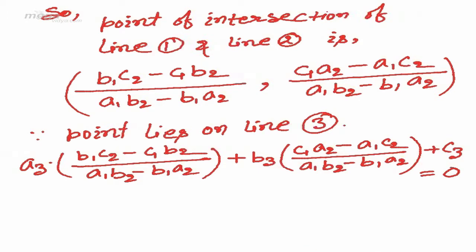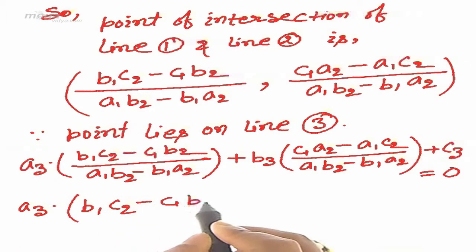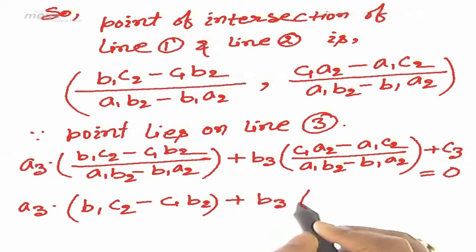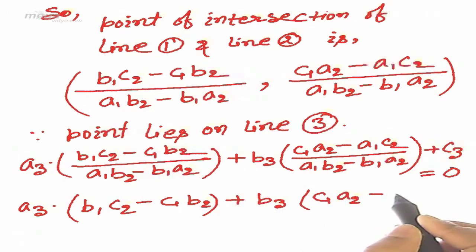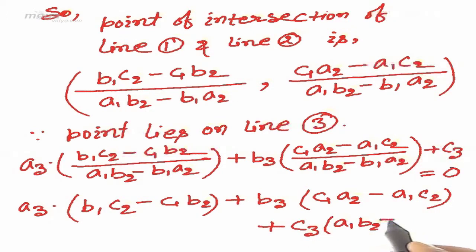Now after simplifying, you will get a3(b1c2 - c1b2) + b3(c1a2 - a1c2) + c3(a1b2 - b1a2) = 0.